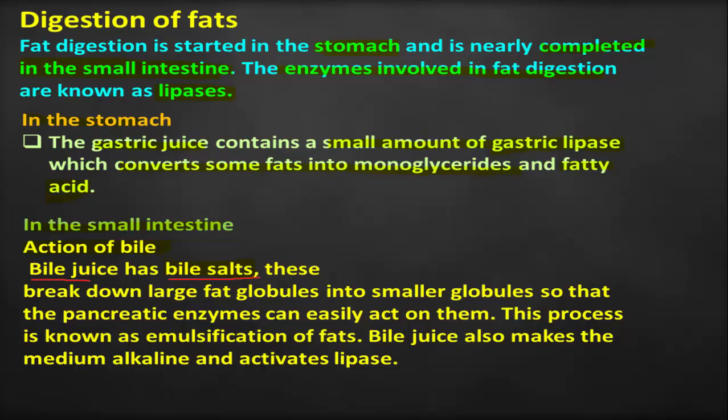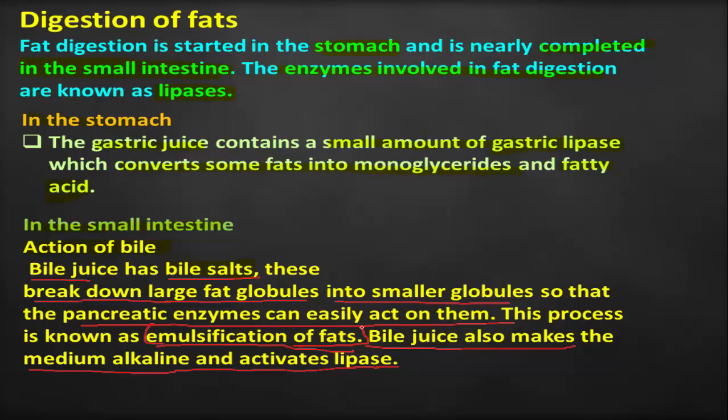These bile salts break down large fat globules into smaller globules so that pancreatic enzymes can easily act on them. This process is known as emulsification of the fats. Bile juice also makes the medium alkaline and activates the pancreatic lipase.